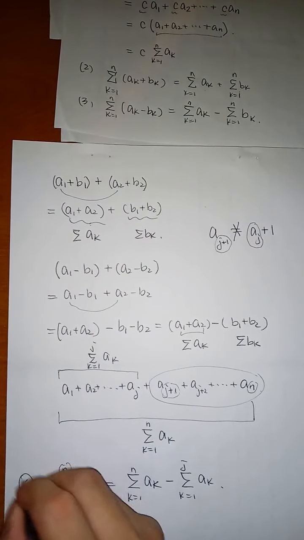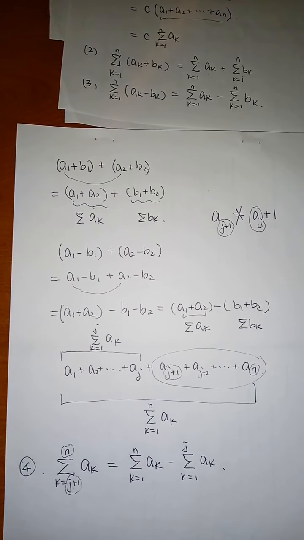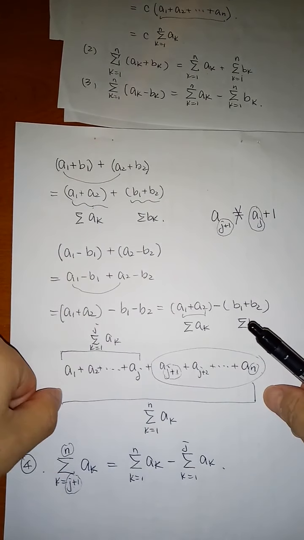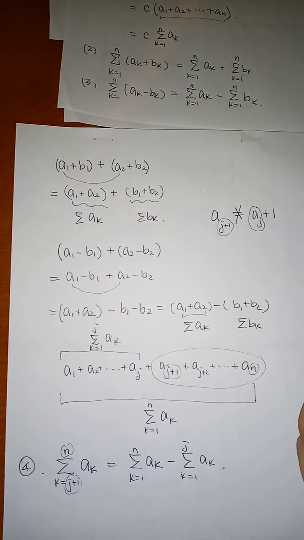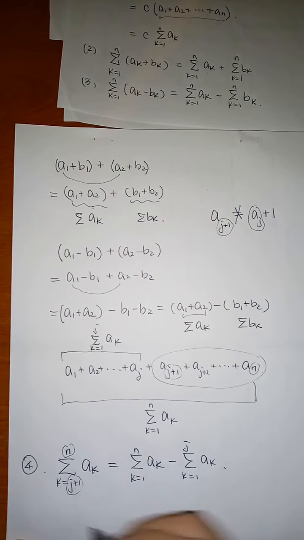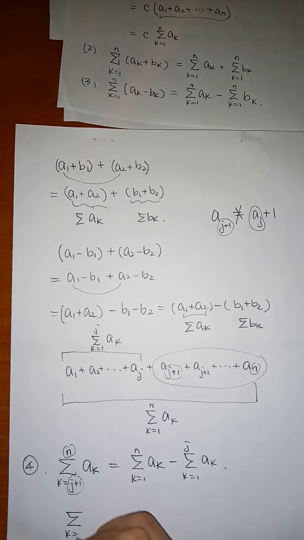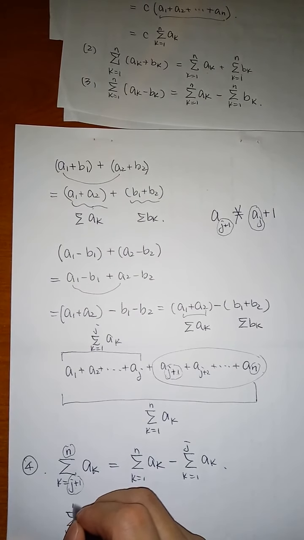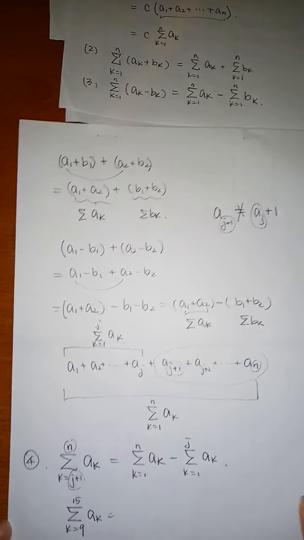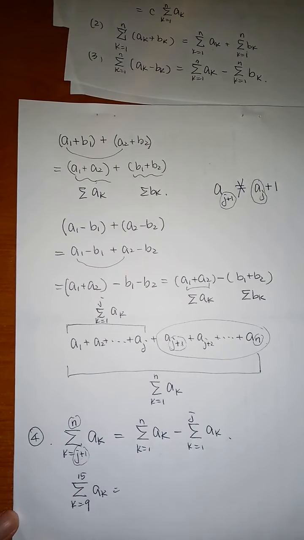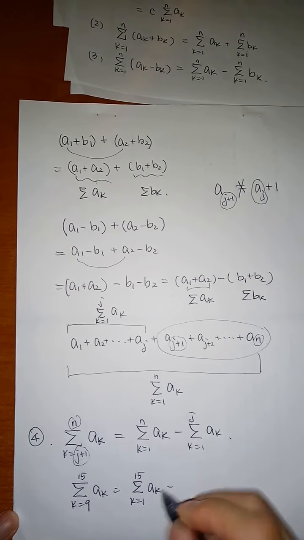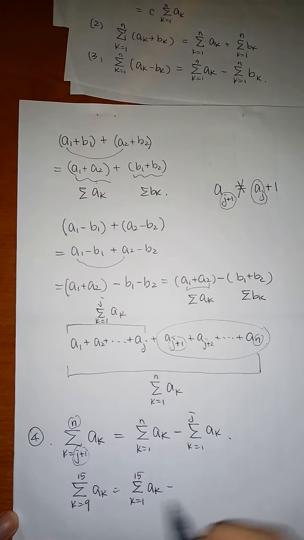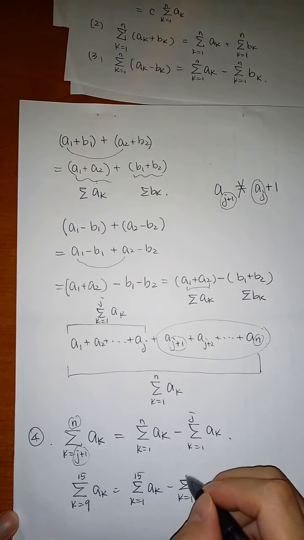Okay, so this is called property 4 for the sigma notation. So this piece is the total piece minus the head. Okay, so we can always have such a thing. So for example, if you have sigma K from 9 to 15, it is sigma AK from 1 to 15 minus sigma AK from 1 to 8.